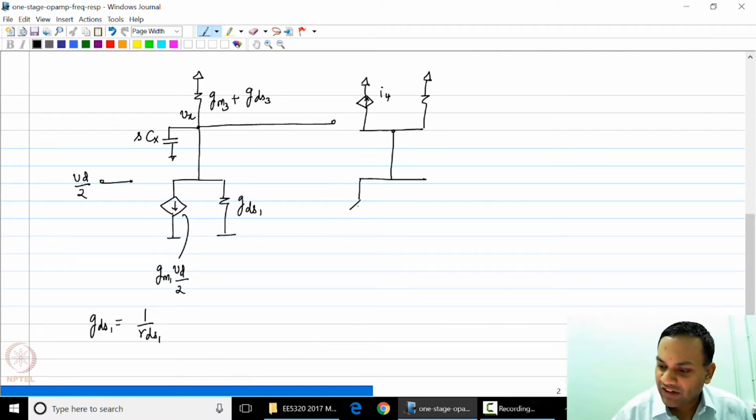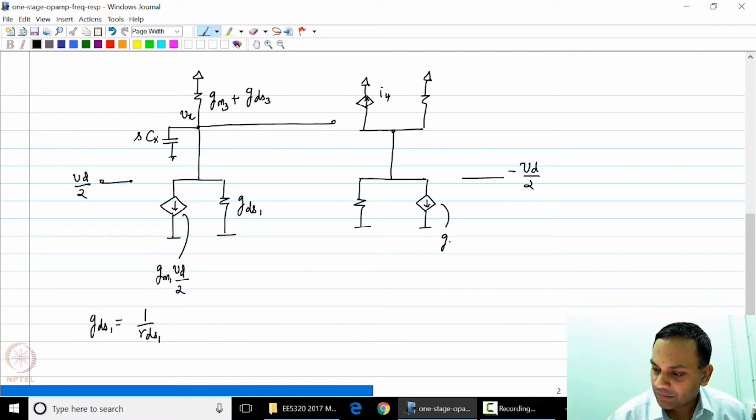And you also have the component from transistor M2, and the current source I2 is nothing but gm2 times Vd by 2 with a negative sign.